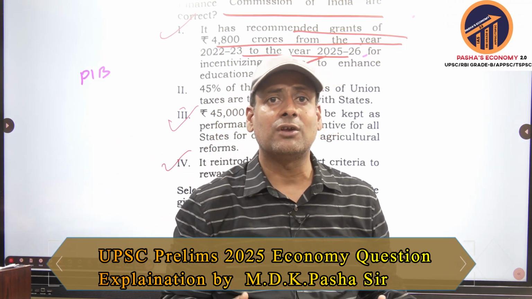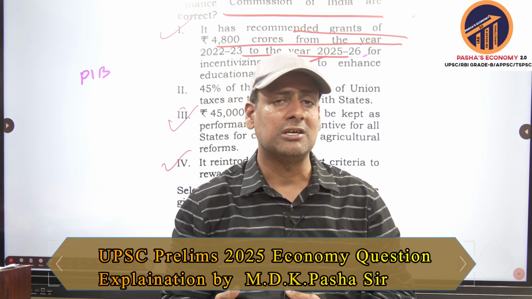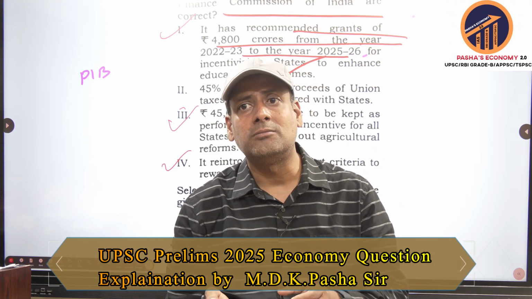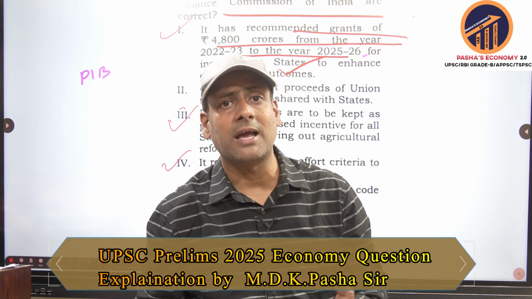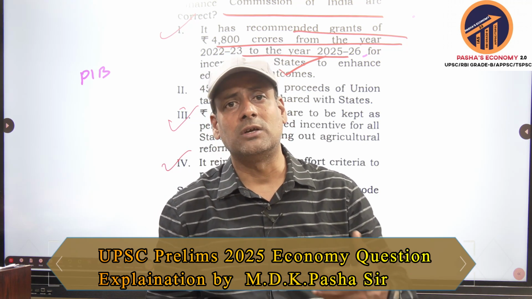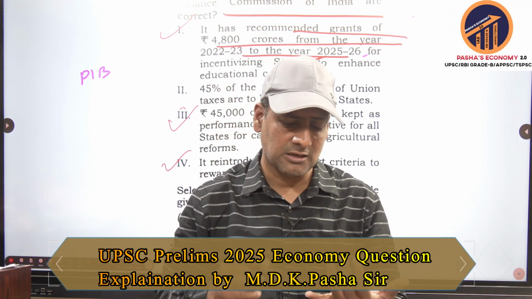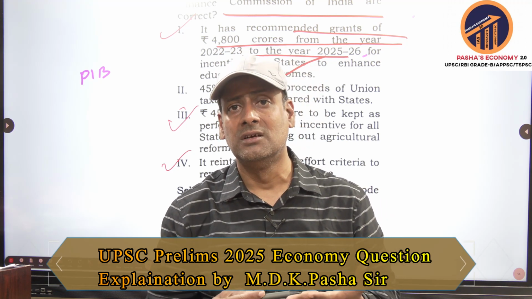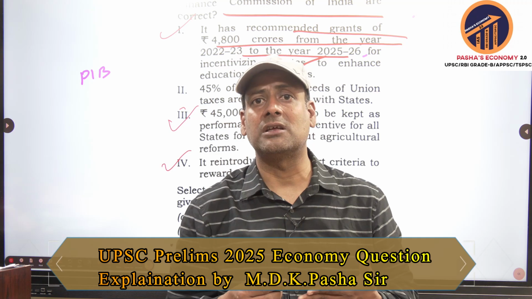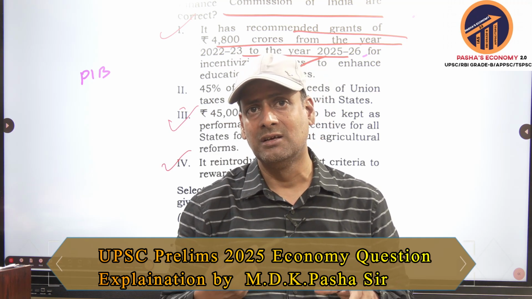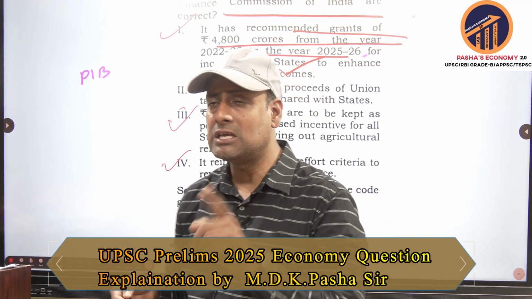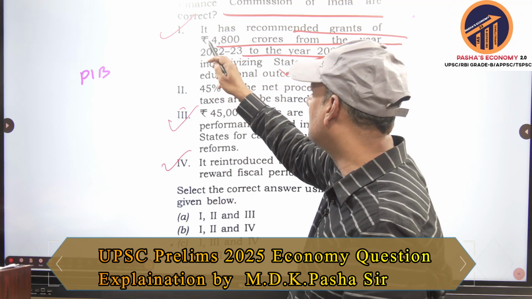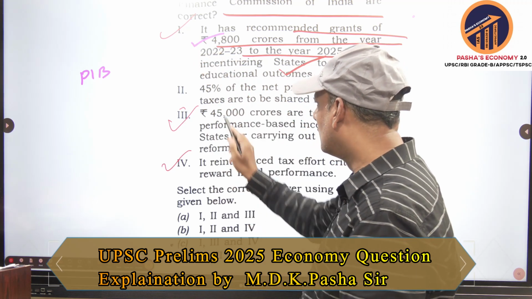For horizontal devolution, they have taken different criteria. Beyond that, around 10.15 lakh crore for various grants like revenue deficit grants, local body grants, disaster management grants, and also sector specific grants and state specific grants. In sector specific grants, education related 4,800 crores is clearly mentioned.